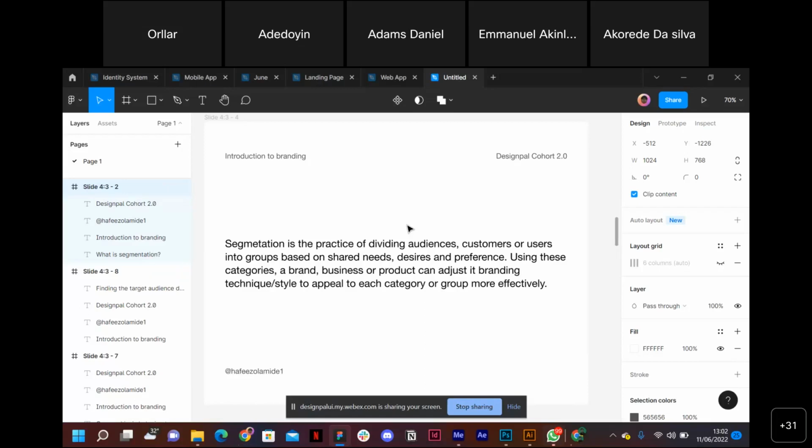Do you understand? And if you check most of these brands, some brands follow trends, let's say Coca-Cola. Coca-Cola also follows trends. If you check how they've refreshed their logos from then to now, and also Burger King, they follow trends. Do you understand?